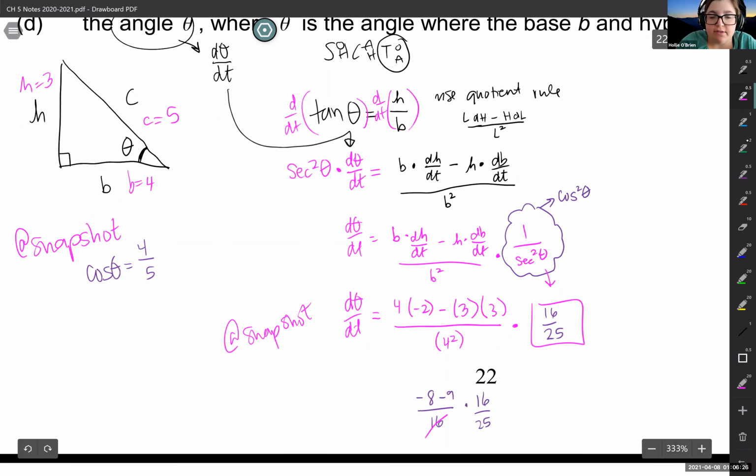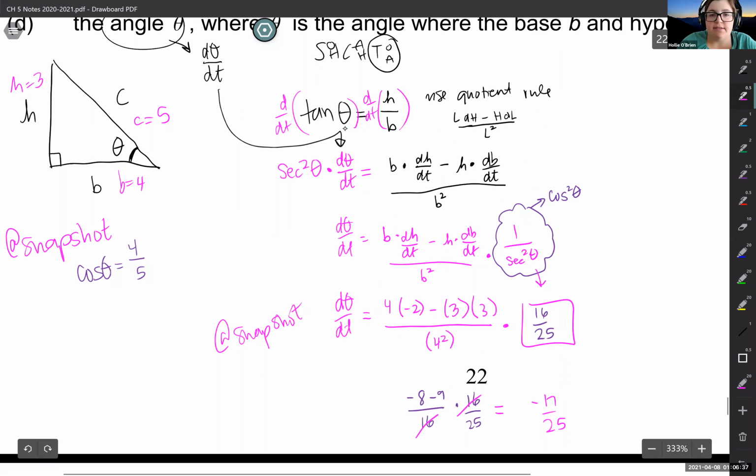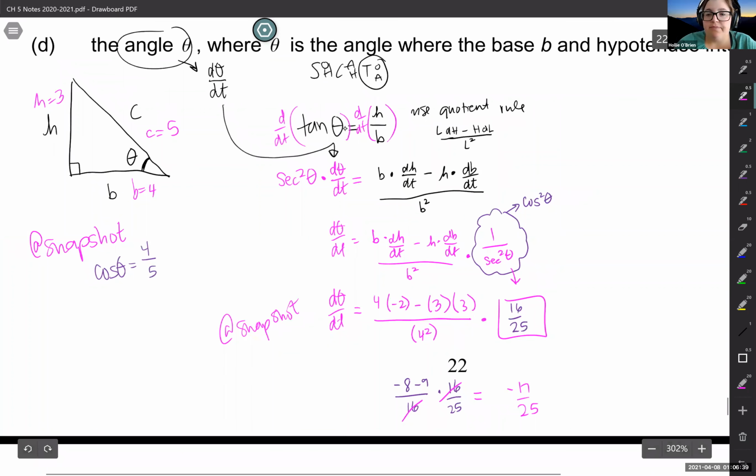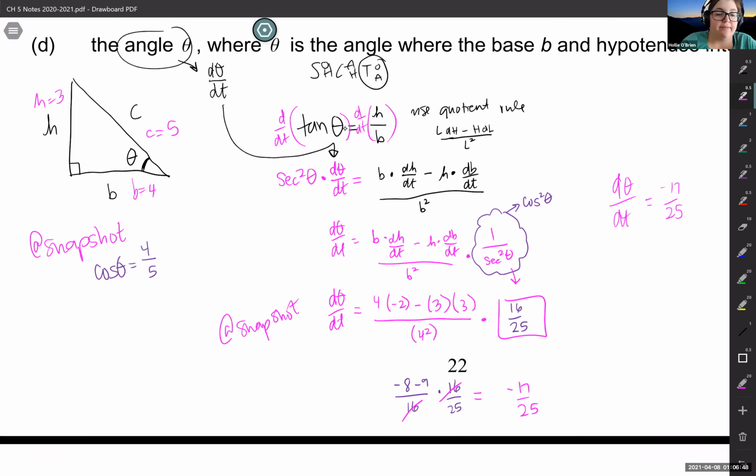Check it out, let's cross out. We're left with -17/25. So let's write our answer nicely. d theta dt is equal to -17/25 radians per second, because we have a unit of angle over unit of time.